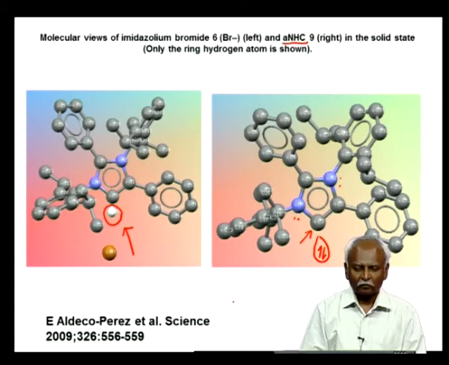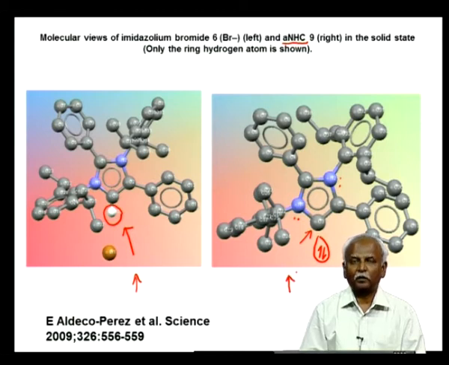But you can notice one thing, the two structures are extremely similar. The two structures which are pictured here, the imidazolium cation and the carbene, are extremely similar.